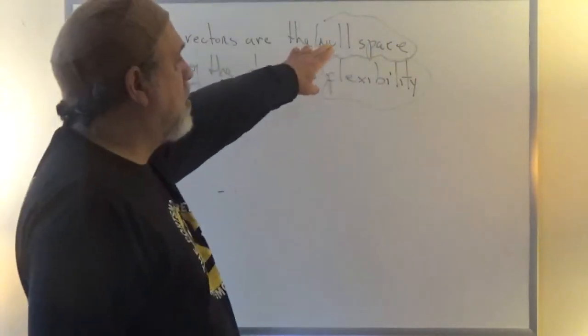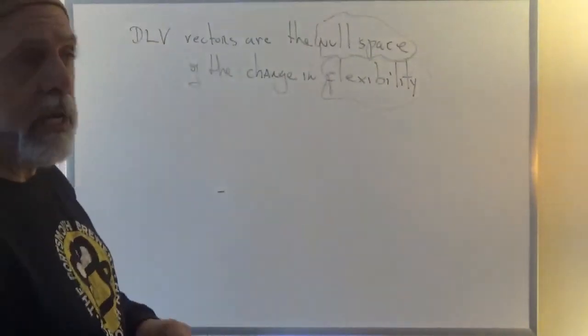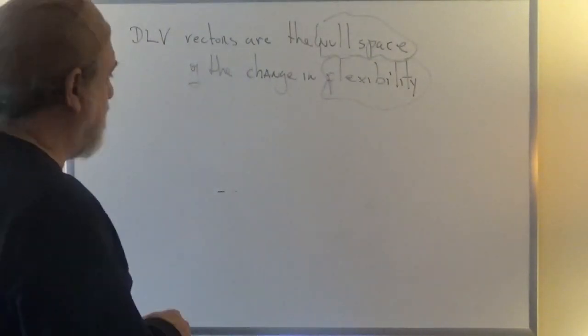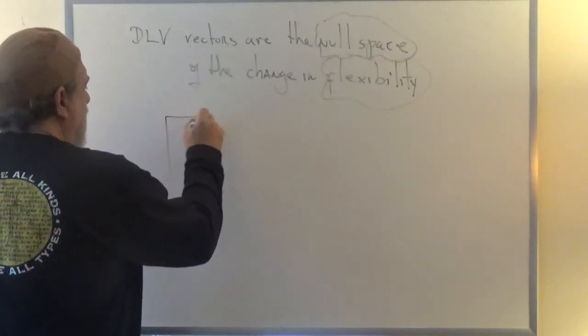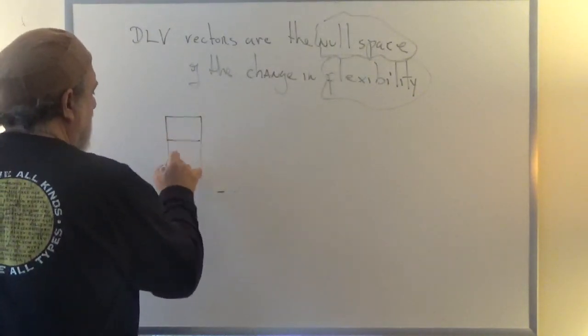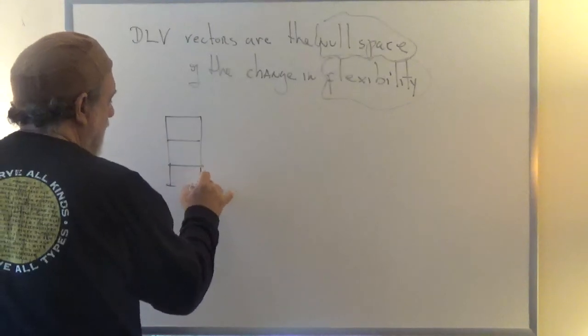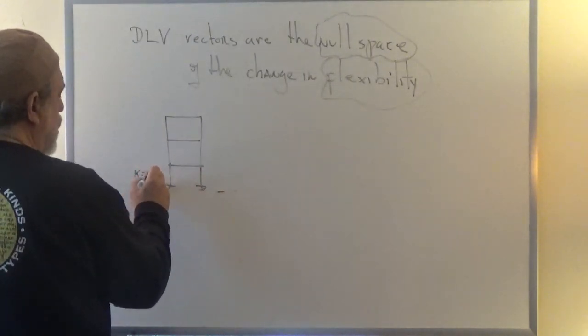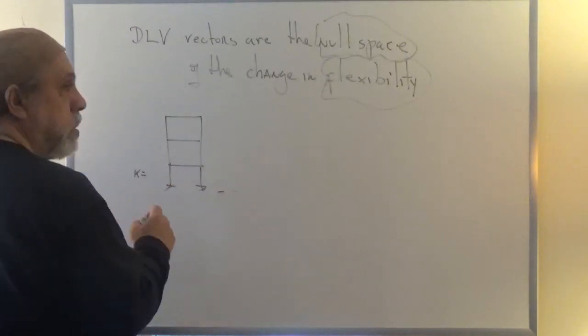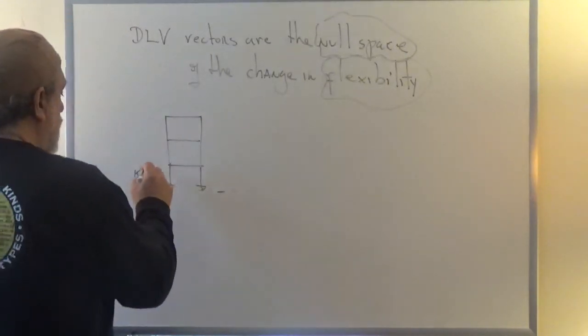I'm going to talk about null space subsequently. Let's just stick to flexibility for the time being. And let's do something very easy. Let's take this 3-story building, and let's say that the floor stiffnesses are equal to what?